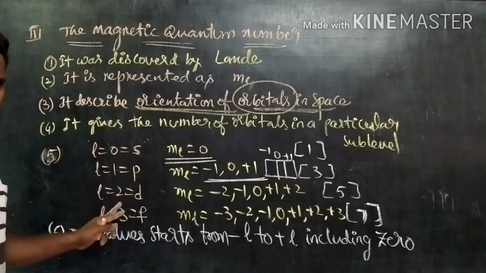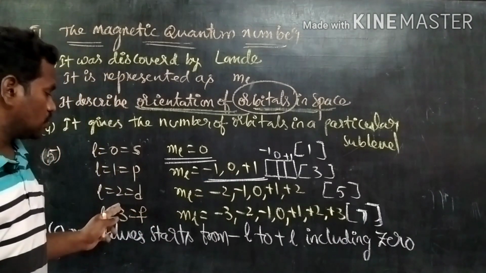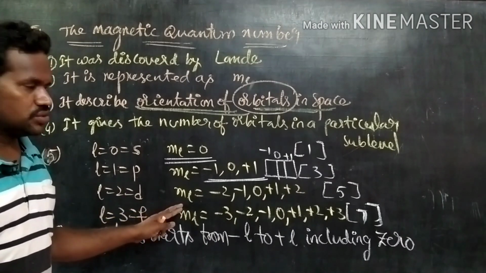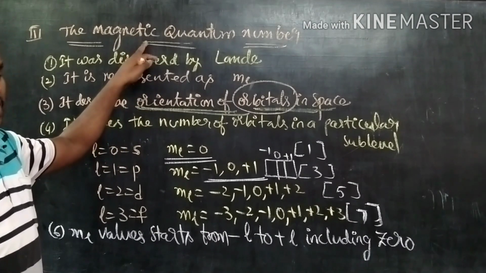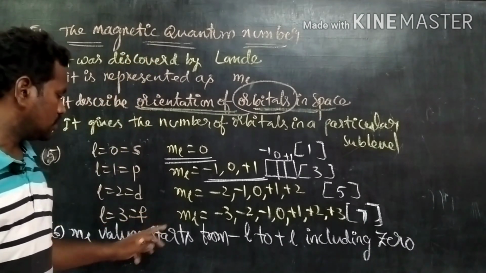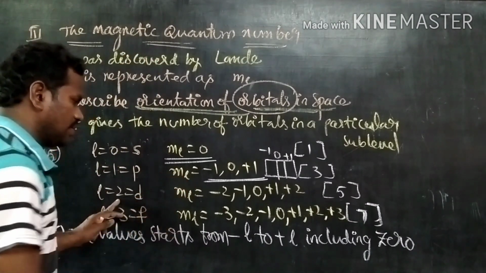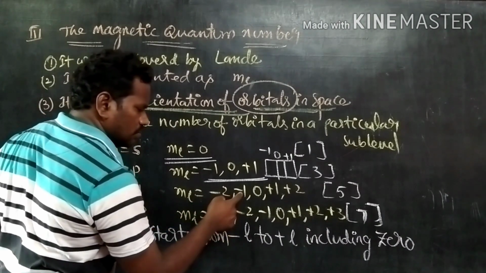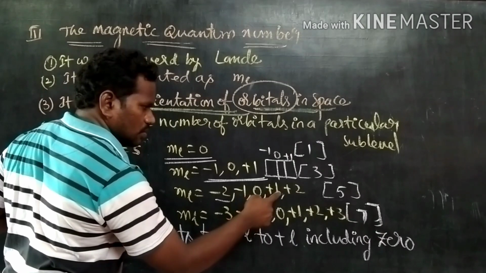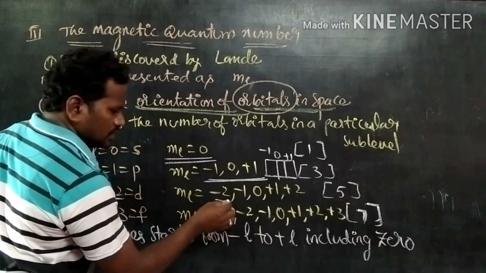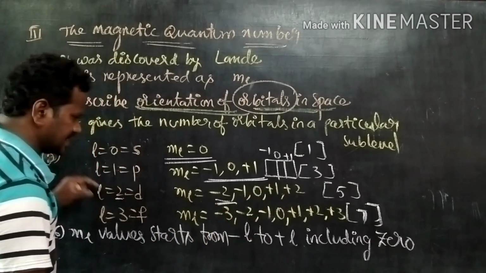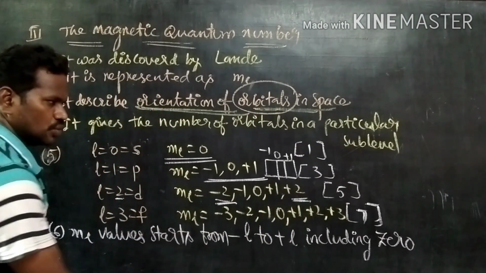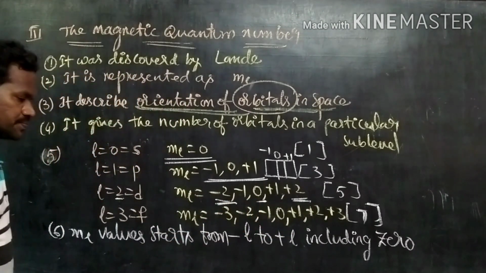Now comes L equals 2, that is the D sublevel. What are those ml values? Ml is the magnetic quantum number. As in the case above, it should start with -2, -1, 0, +1, +2. It starts at -2 and completes at +2, including 0.